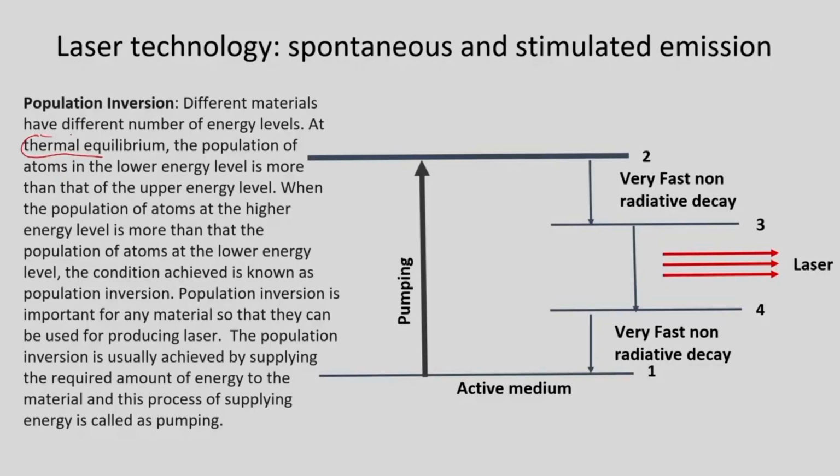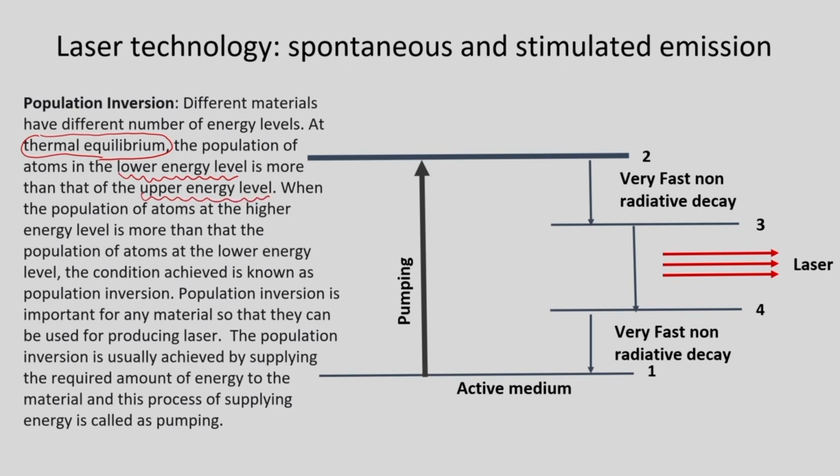But in general, in thermal equilibrium of a material, the population of atoms in the lower energy level is larger. That is the characteristic: the number of atoms or electrons at the lower energy level is more than at the upper energy level.